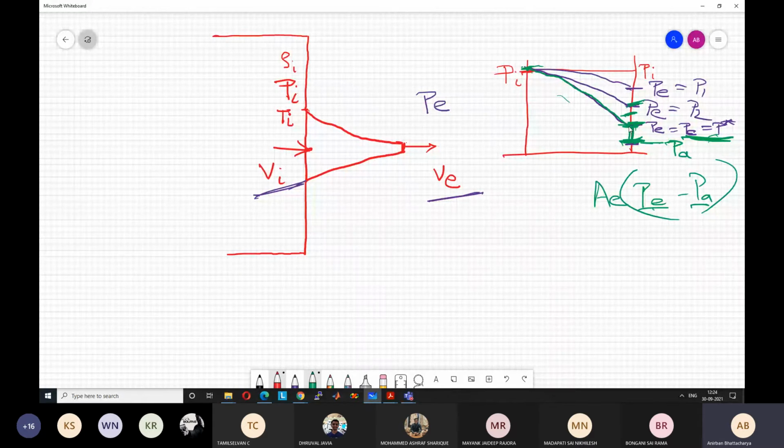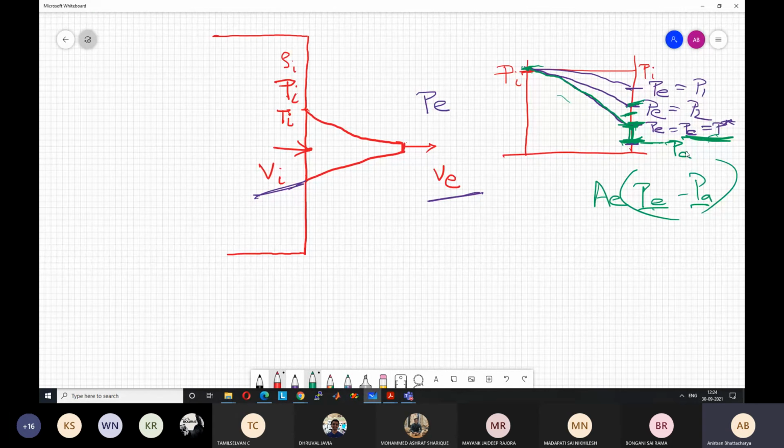So what will be the exit velocity? This velocity is equal to the sonic velocity. In choked condition, remember the sonic velocity can change with temperature. So for choked condition, the temperature is denoted by T star or TC, and the pressure is denoted by P star or PC.